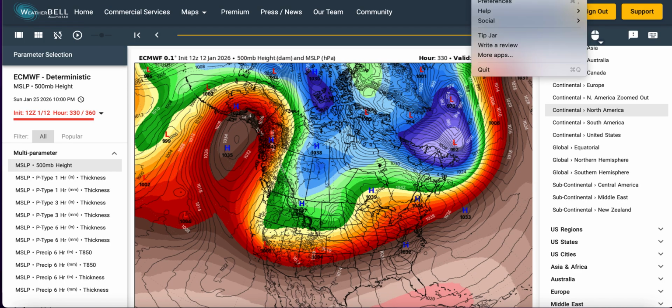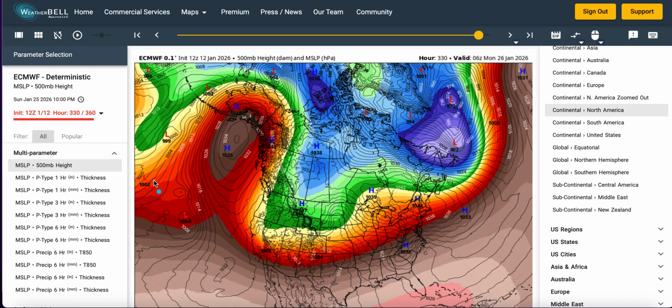That's kind of an ideal pattern for us to get cold and wet out west, is you have this big ridge of high pressure setting up over Alaska, and that in turn dumps colder air into the west, and then you have moisture riding along the jet here. You couple that with that cold air, you get some pretty low snow levels and a lot of snow up top, high snow ratios. So that's pretty much all I have for today.